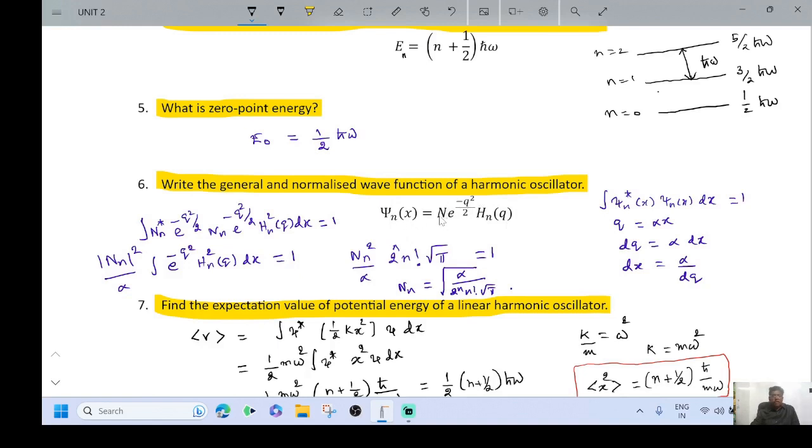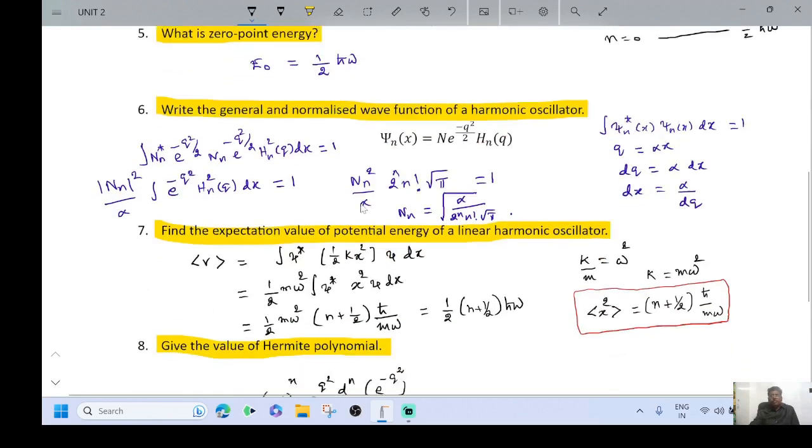Its value is evaluated using the normalization condition, integral ψ*(x) ψ(x) dx = 1. If you make the integration, you can get the value of the normalization constant, Nn = root of (α / (2^n n! √π)), where the entire expression is present inside the root. If you substitute this value here, you can get our normalized eigenfunction.